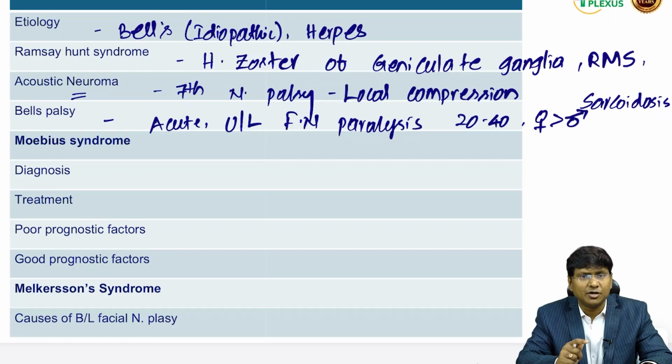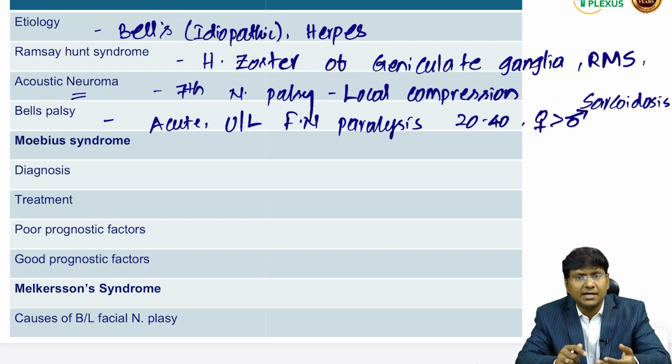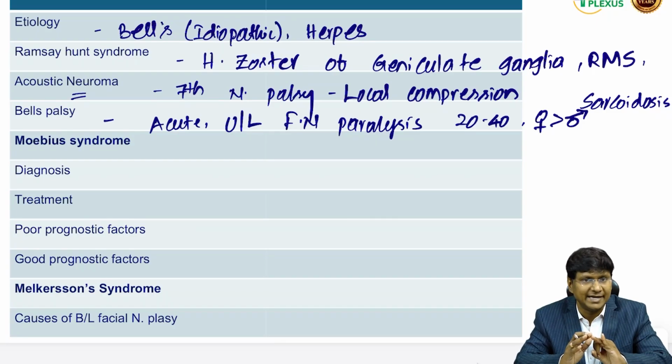And we have a terminology called the Mobius syndrome. So Mobius syndrome is another important etiology that will be causing the seventh nerve palsy. And in case of the Mobius syndrome, it is a rare neurological condition that primarily affects the muscles that control the facial expression and as well as the eye movement.